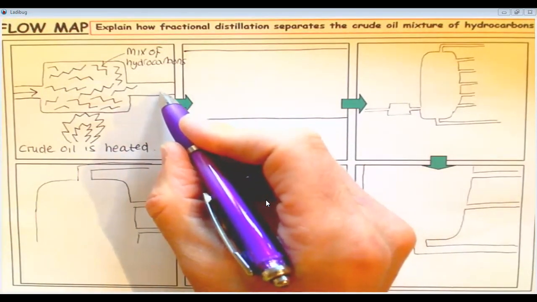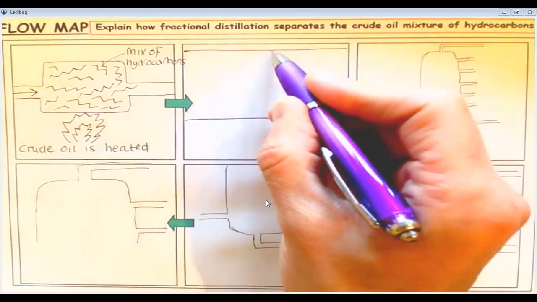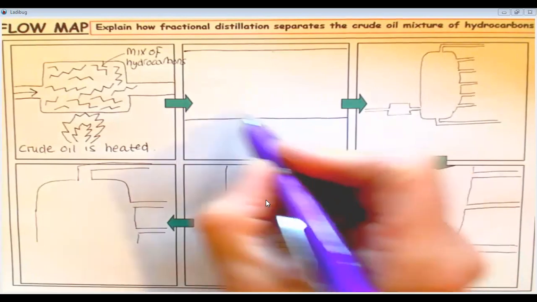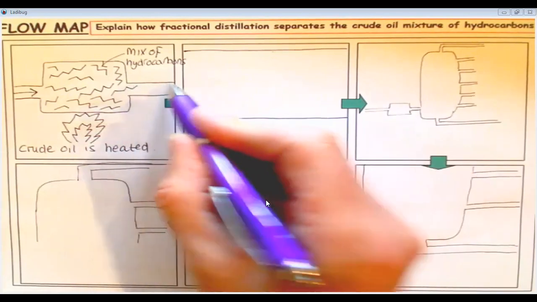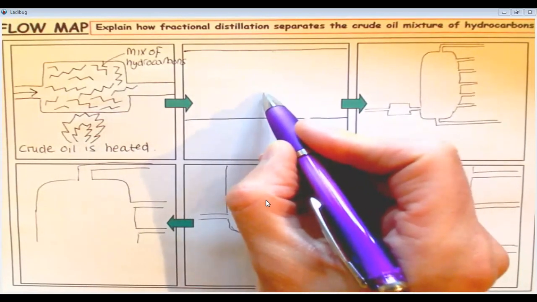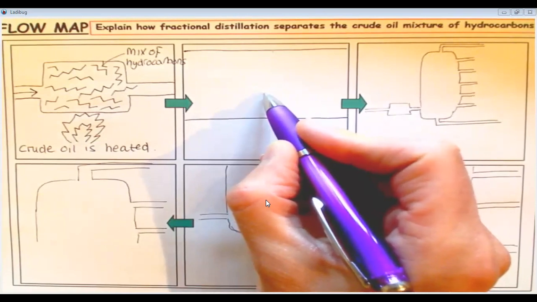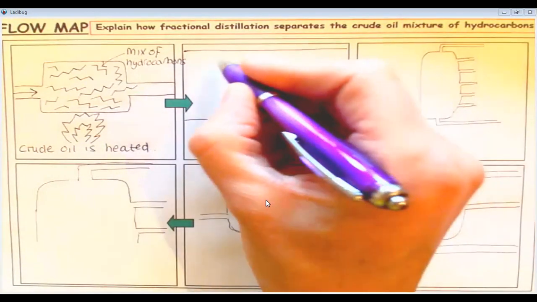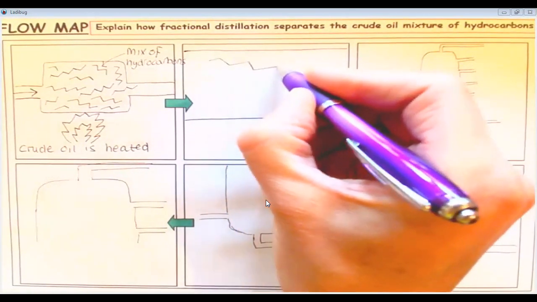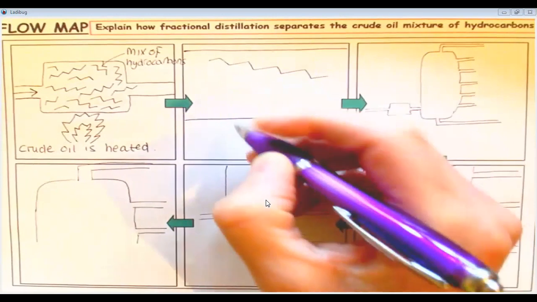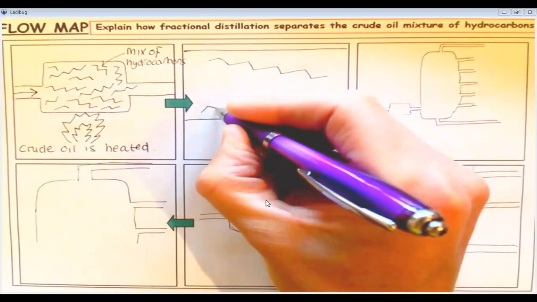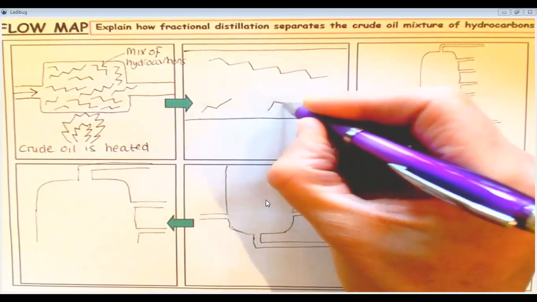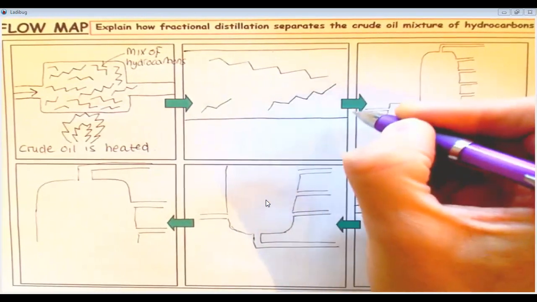Now, what we've got in the second picture, these 2 lines here, is supposed to represent this pipe here. So this is the pipe magnified. What happens when the crude oil is heated is most of the hydrocarbons will turn from a liquid state into a gas state.